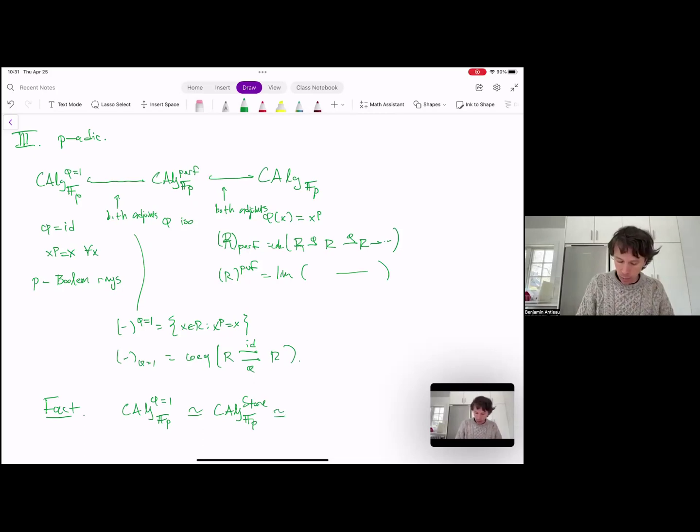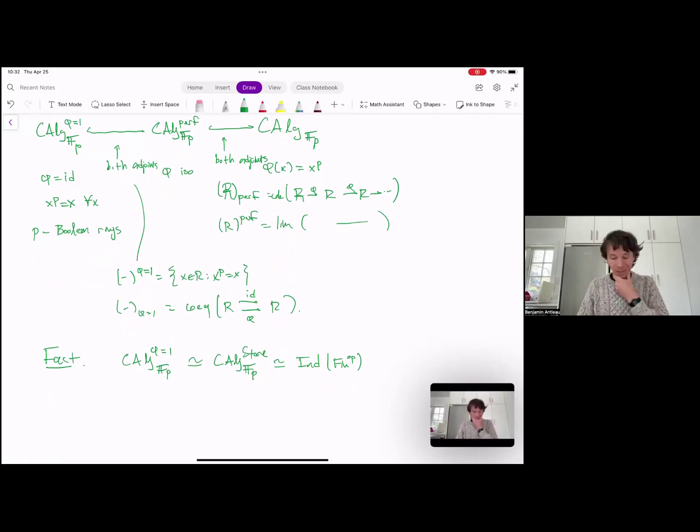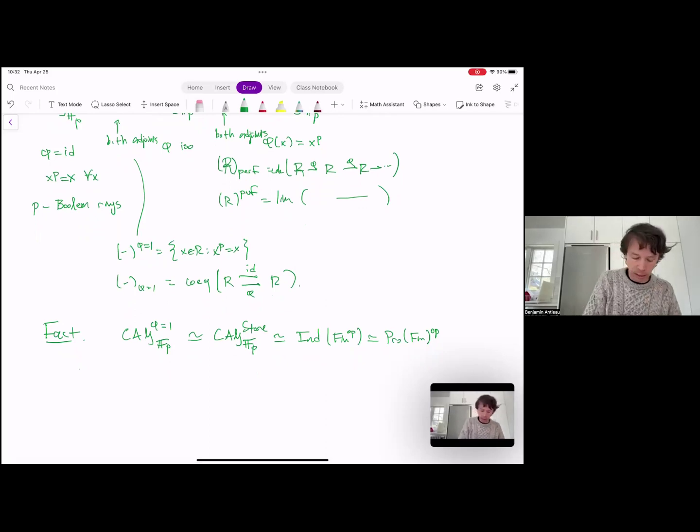And that turns out to be the opposite of the category of finite spaces. And the correspondence, well, let me tell you that this is also the same as Pro-finite op. So this is the opposite of the category of profinite spaces. And this is something called Stone duality.